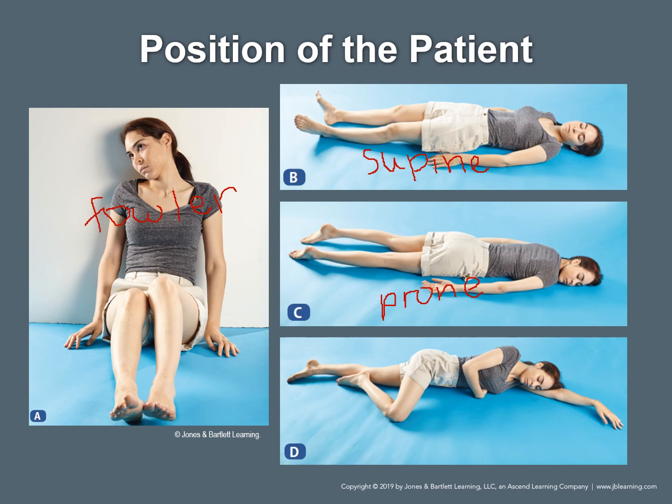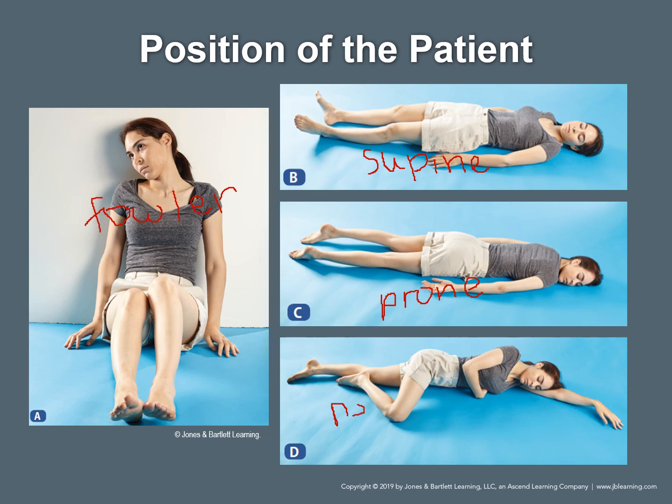And recovery position. The patient is laying on the left side with head resting on the bottom arm and the top knee is bent. This is also referred to as the left lateral recumbent position. Okay, left lateral recumbent position. Now, obviously, and this is recovery.